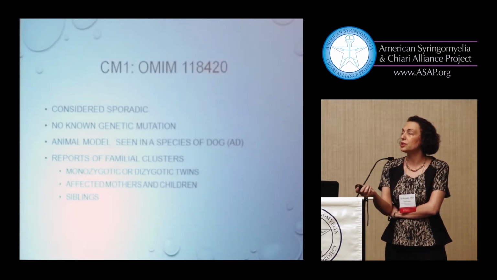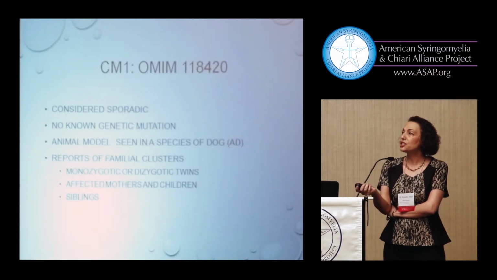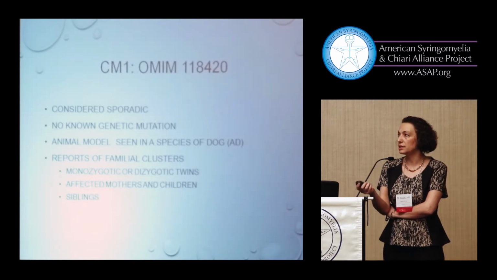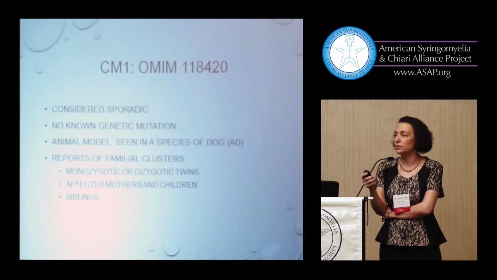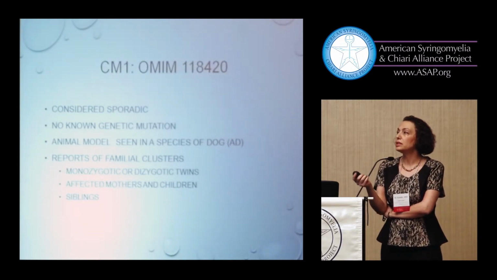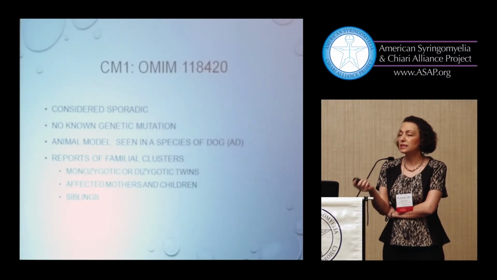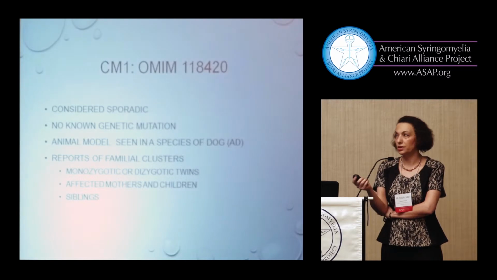And right now we're talking about Chiari type 1. There's a naturally occurring animal model which occurs in a species of dogs that have been used for studies. And there's a great deal of familial clusters that have been reported. So these are parents with children that are affected, or twins or other siblings.